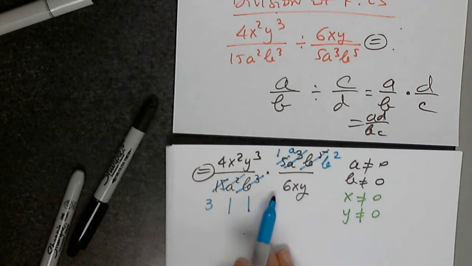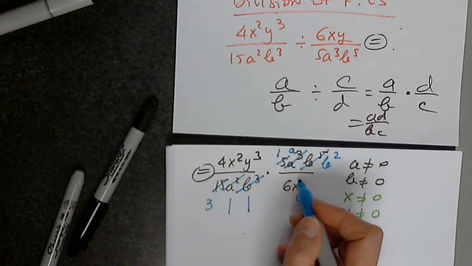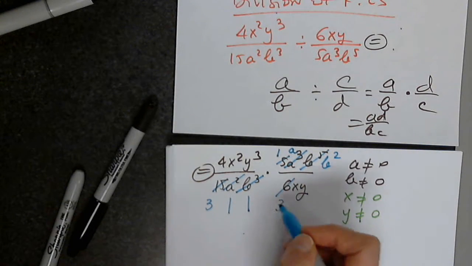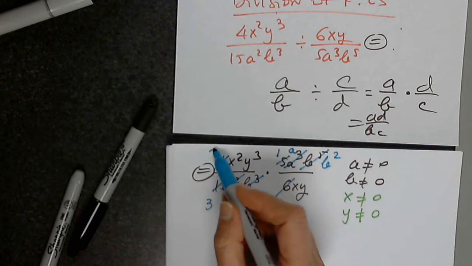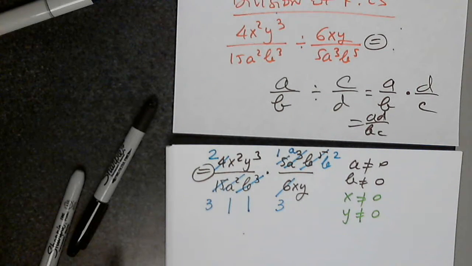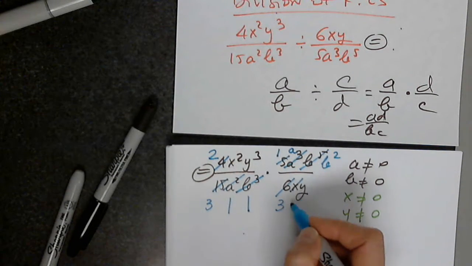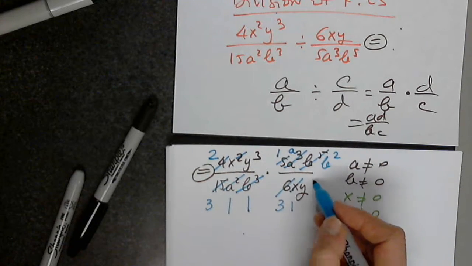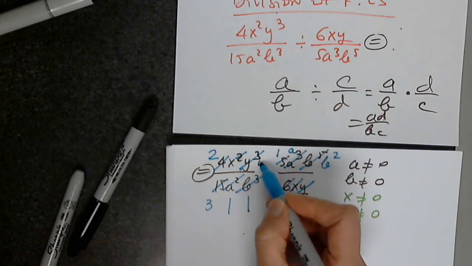Now 6 and 4 by 2. 6 divided by 2 is 3. 4 divided by 2 is 2. And I take away an x from both and a y from both.